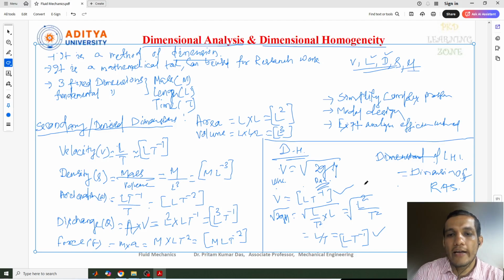So this is actually called dimensional homogeneity. The dimensions on both sides should be the same. It is quite simple and known to everyone, but this is the thing.